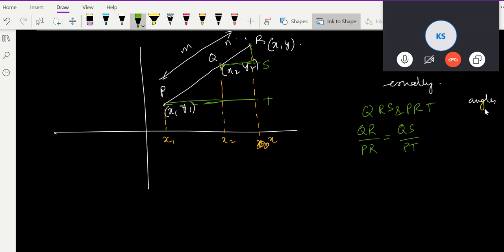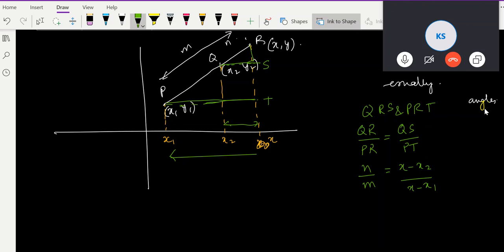So QR is n and PR this time is m, is equal to QS, which is x minus x2, and PT is x minus x1.